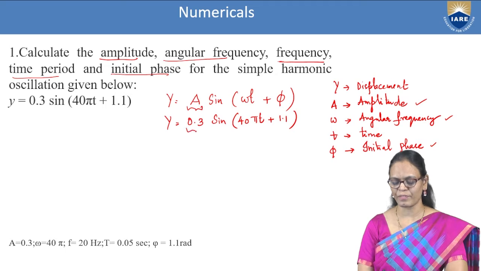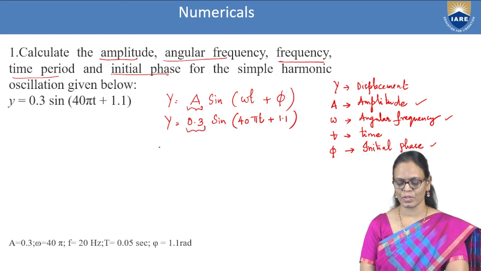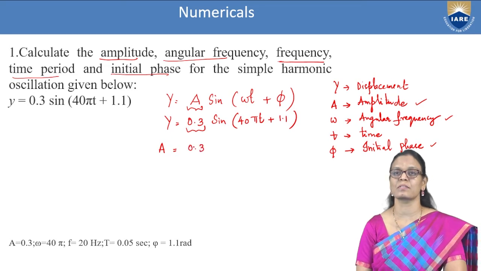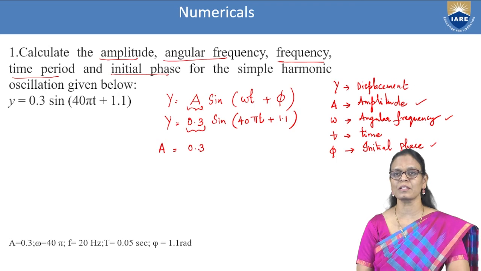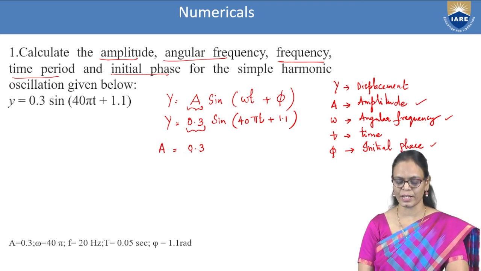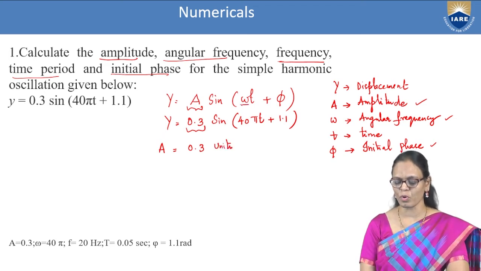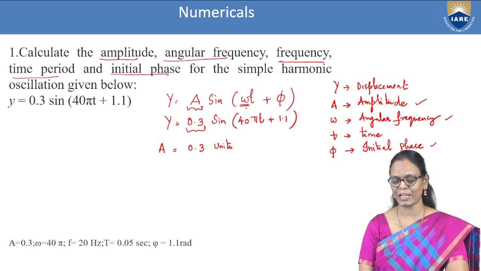In place of A we have 0.3. So the amplitude A is equal to 0.3 units. Whether it is given in meters, the SI system, we will write it in meters. If it is in CGS, we'll write it in centimeters. So here I'll write it in units. Amplitude is 0.3 units. Now in place of omega, what is omega here?